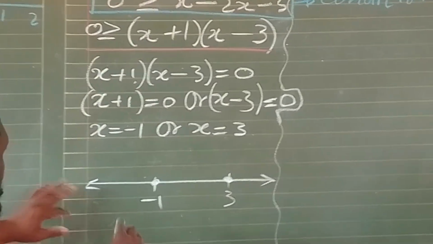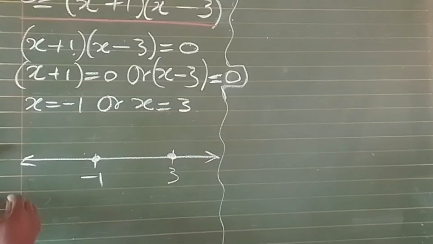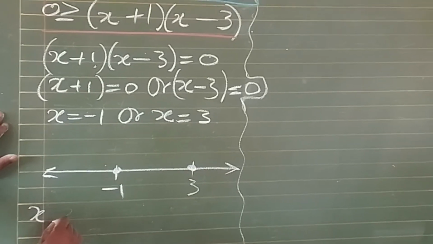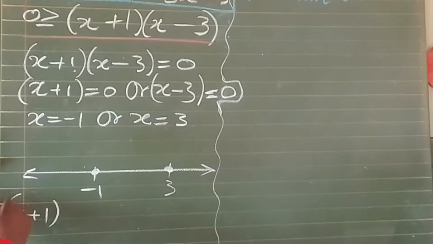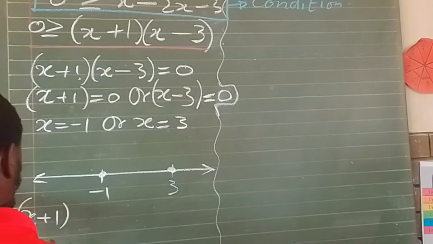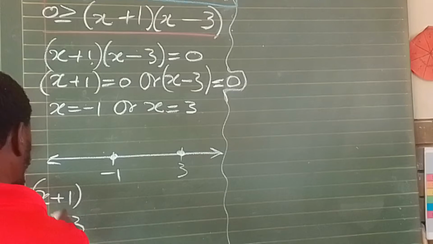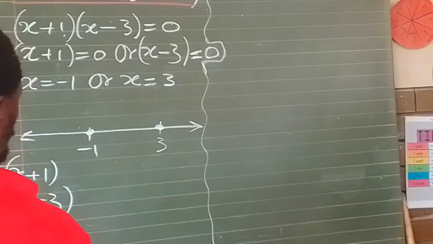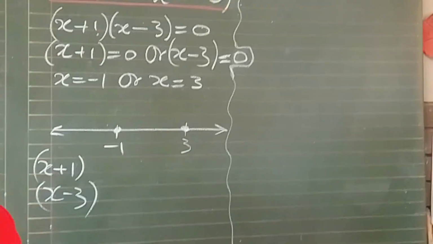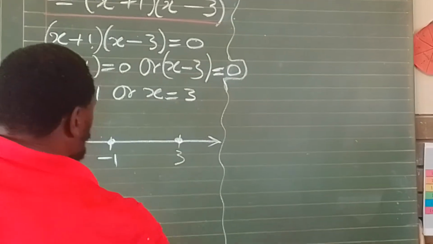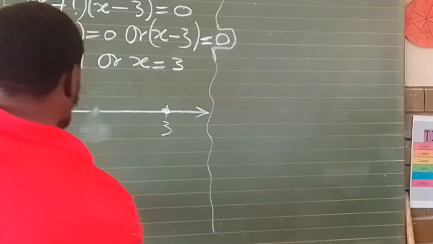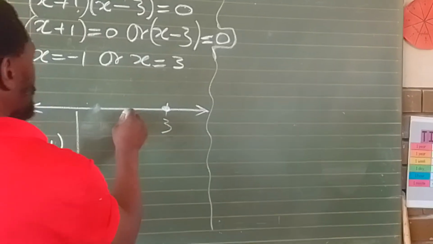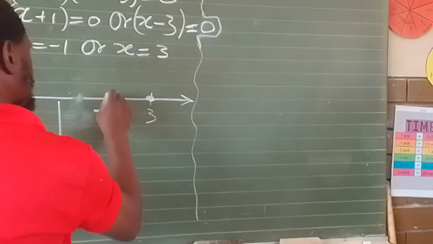Now we are going to take x plus 1, and we are going to take x minus 3. Let me shift my 1 here for -1. It is going to interfere with this thing. -1 is here.